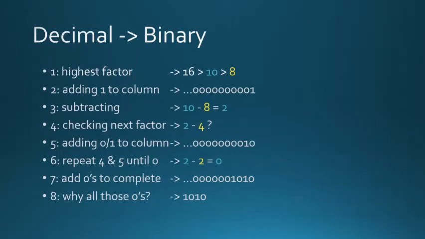Then we will check for the factor before 4. That's, in this case, 2. 2 minus 2 equals 0, and that's acceptable. In this case, it will even be the ending of our number, as we will add a 1 to our number, so we now have 101.